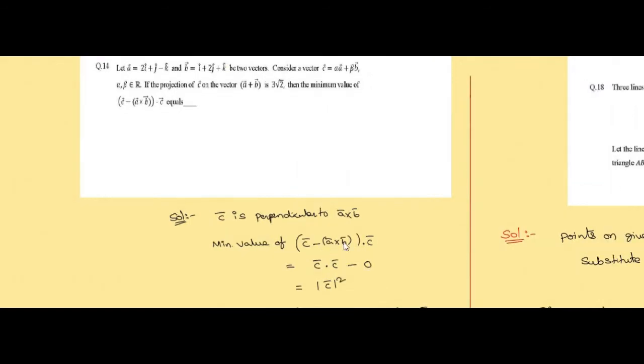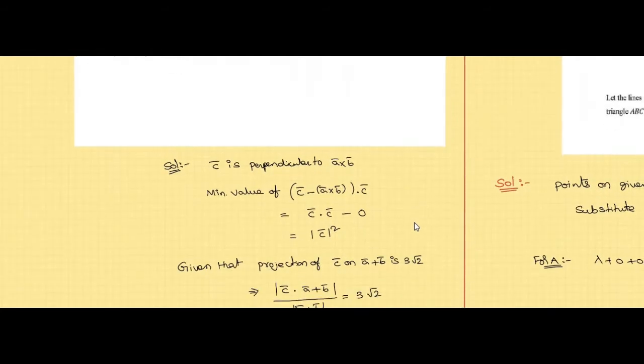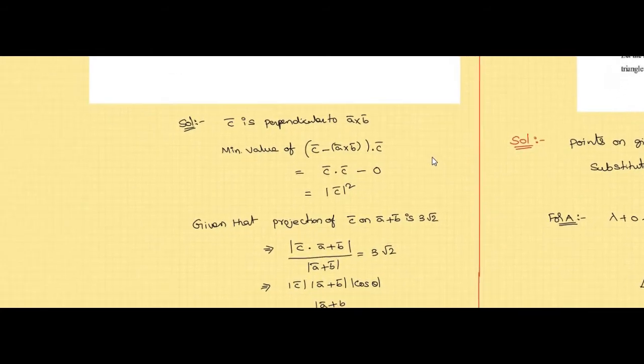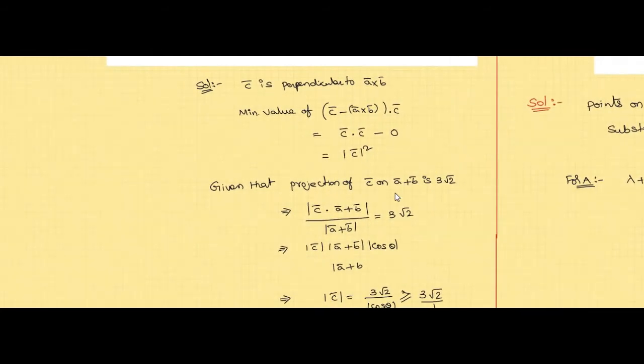But the easiest way here is to observe one point: C bar is perpendicular to A bar cross B bar. So what they are asking, the minimum value of C bar minus A cross B dot C, is nothing but C dot C. That means we have to find the square of the magnitude of the vector C bar. From the first condition, the projection of C bar on A plus B is 3 root 2.